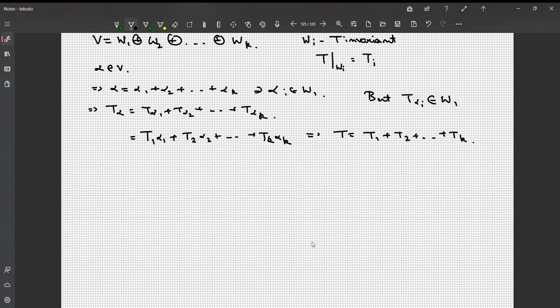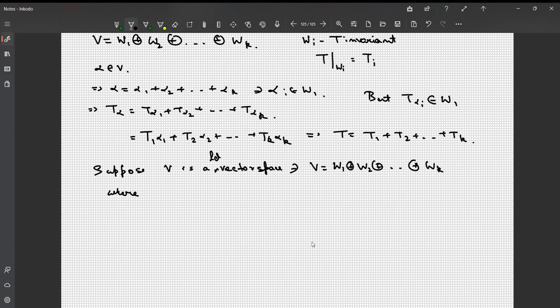Suppose V is a finite dimensional vector space, no worries, such that V has a direct sum decomposition W1, W2 till Wk, where for some linear operator T in L(V), each Wi is T invariant. Each Wi is T invariant.